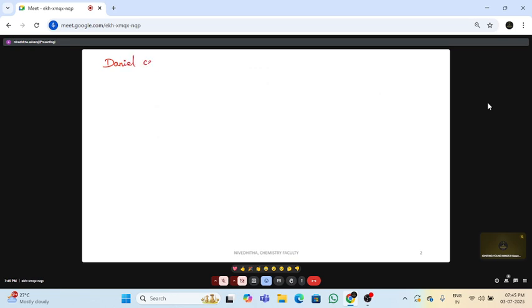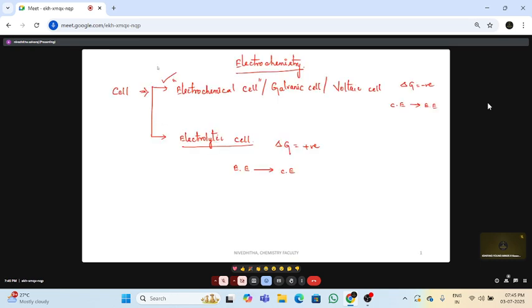What is a galvanic cell or electrochemical cell? In that kind of cell, what kind of chemical reaction will occur? Spontaneous reaction, ma'am. Very good, Harini. Spontaneous reaction.